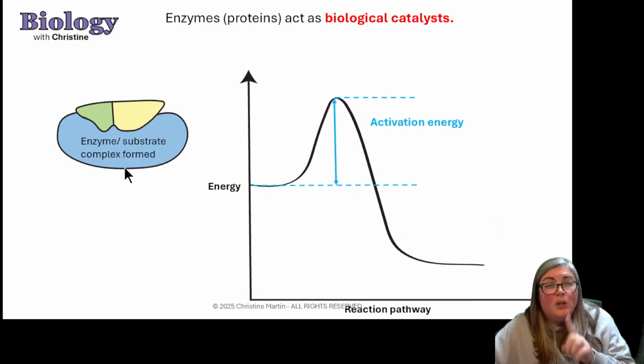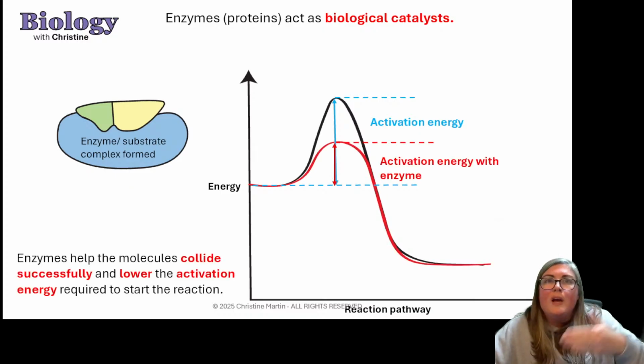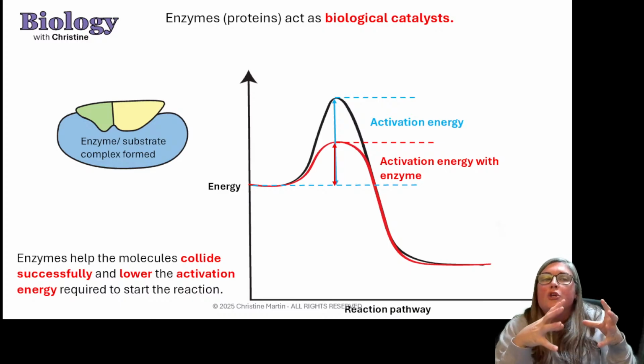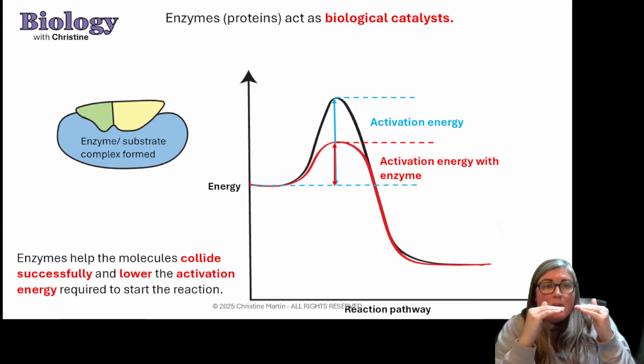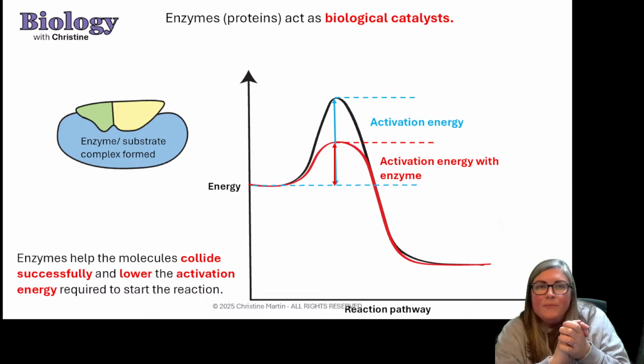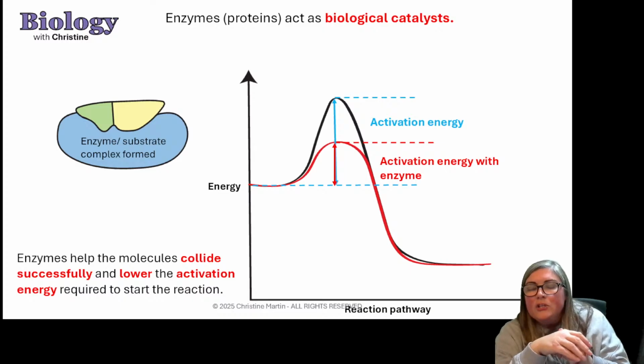However, if your teacher's really good, they should be teaching this to you, priming you for A level. But what you're interested in saying at GCSE is that the enzymes are going to collide successfully, and because they're colliding successfully, it is going to lower the activation energy required to start the reaction.